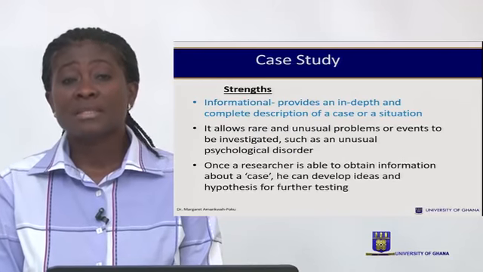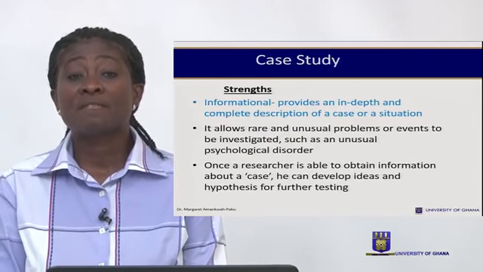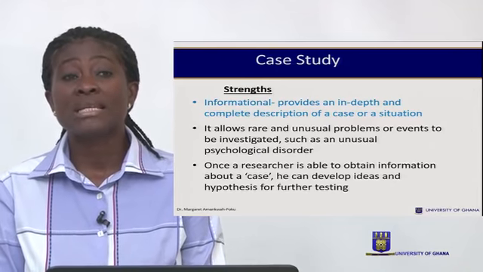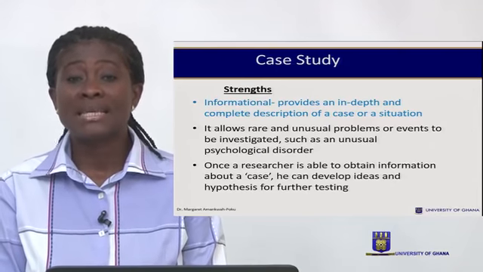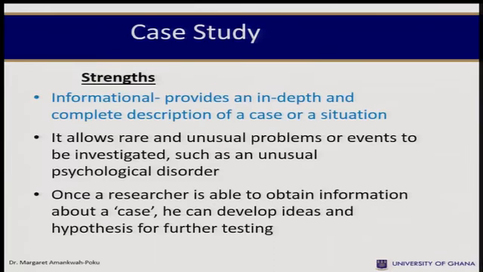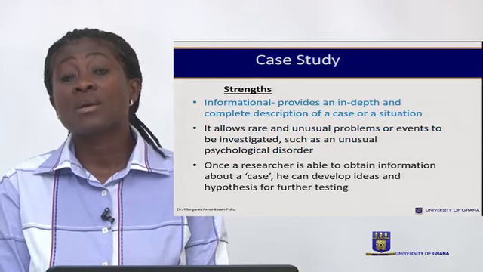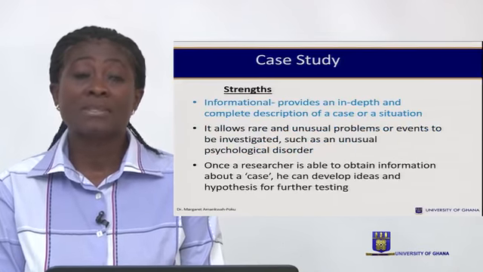Now, a strength of this study is the fact that it is informational, because remember, you are studying one individual or one case in depth. So it gives you a lot of information. It also allows for rare or unusual problems to be studied. Again, it allows the researcher to be able to obtain information about a single case. Remember, I mentioned the fact that you take one case and you study it in depth.